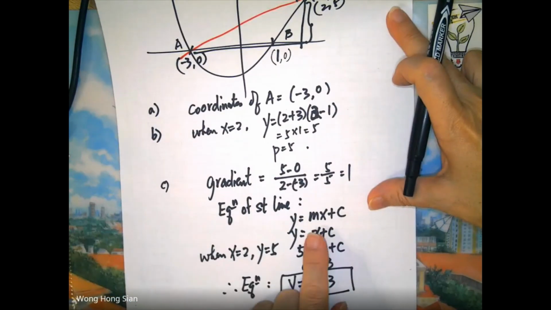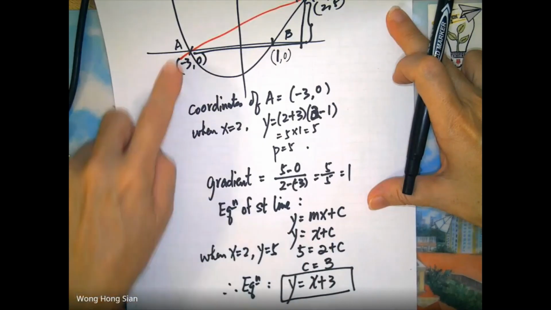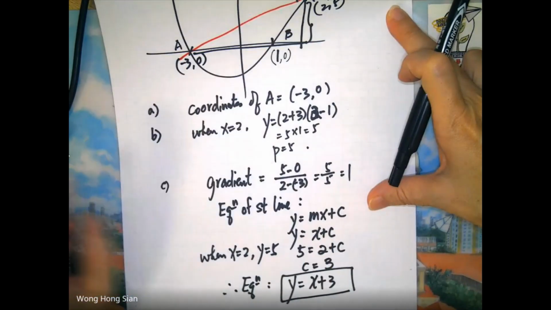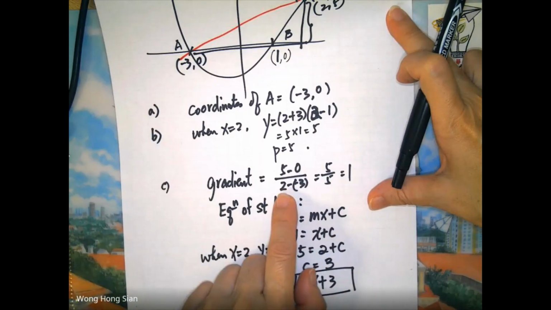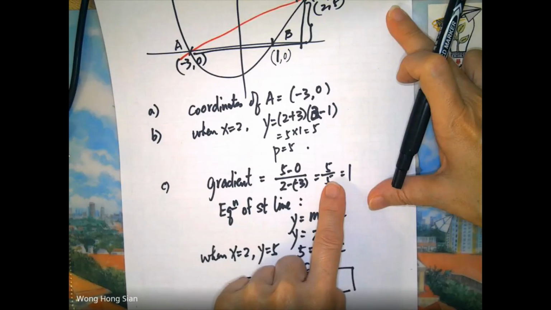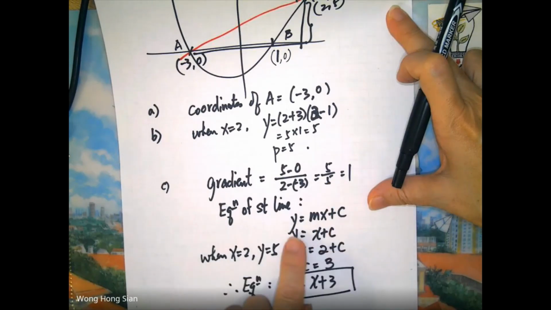How do we find m? The m is the gradient. With the 2 points, we substitute (y2 minus y1) divided by (x2 minus x1). We calculate the gradient as 1. So now we know the equation is y equals x plus c, because m is 1.